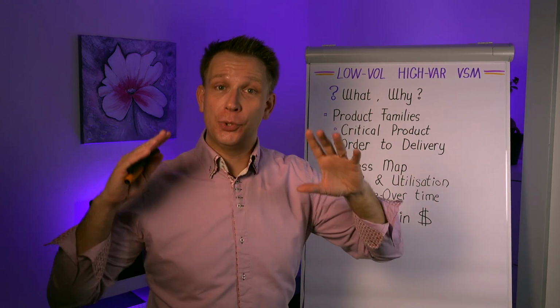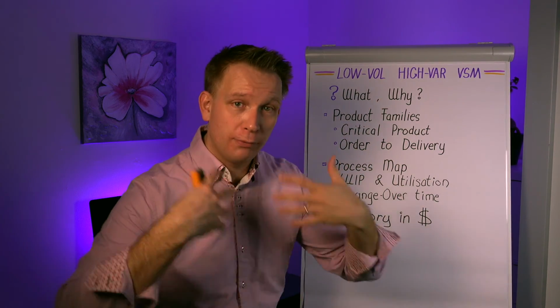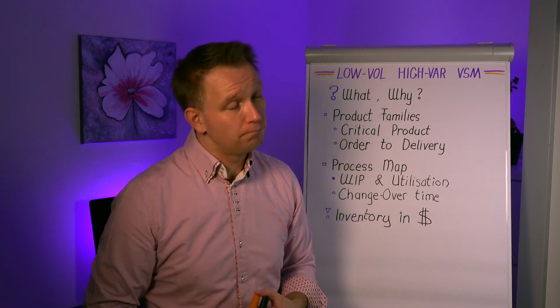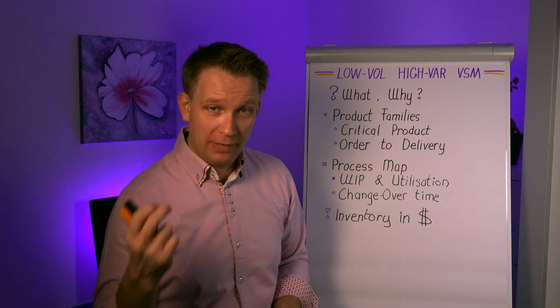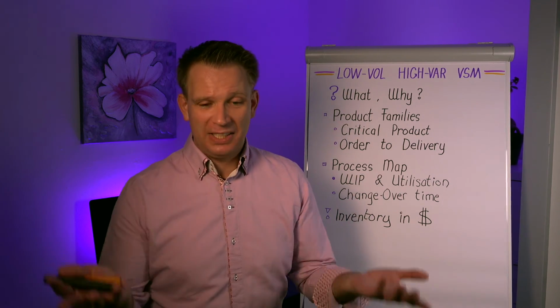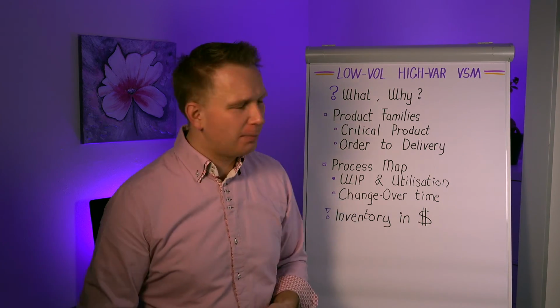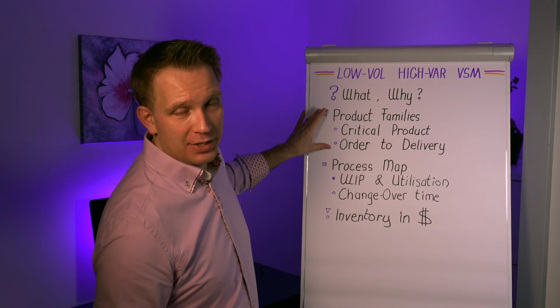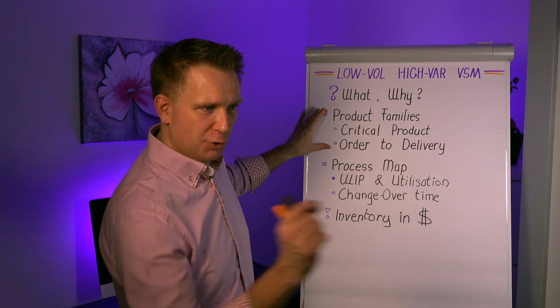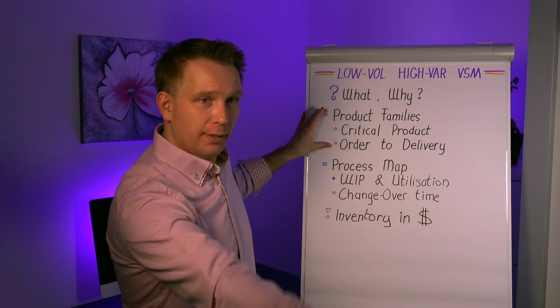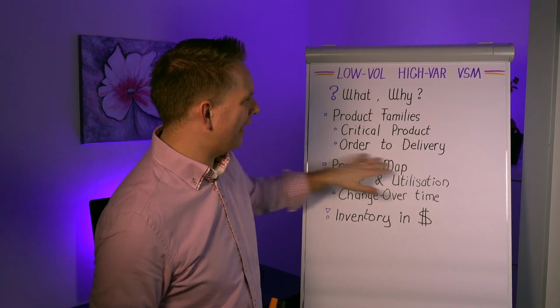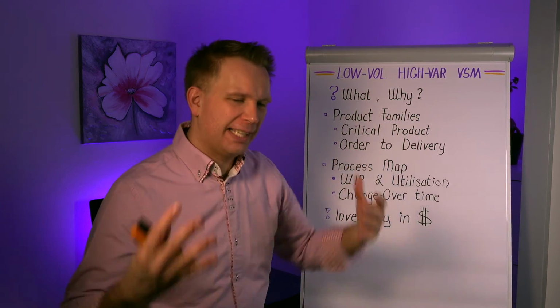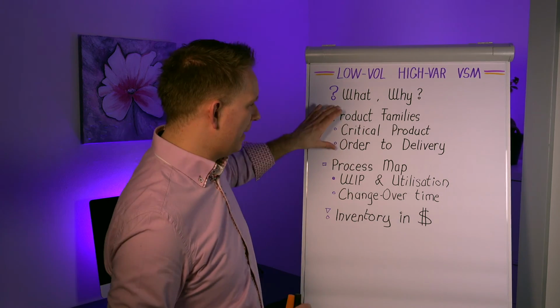Now, if then you still want to know the flow of product through your factory, definitely can be very important for customer satisfaction or to see where you have bottlenecks and throughput problems. Think about, are we mainly interested in product speed, so delivery speed from order to customer? Then think of these product families to give it a bit of bulk when you do your value stream mapping.